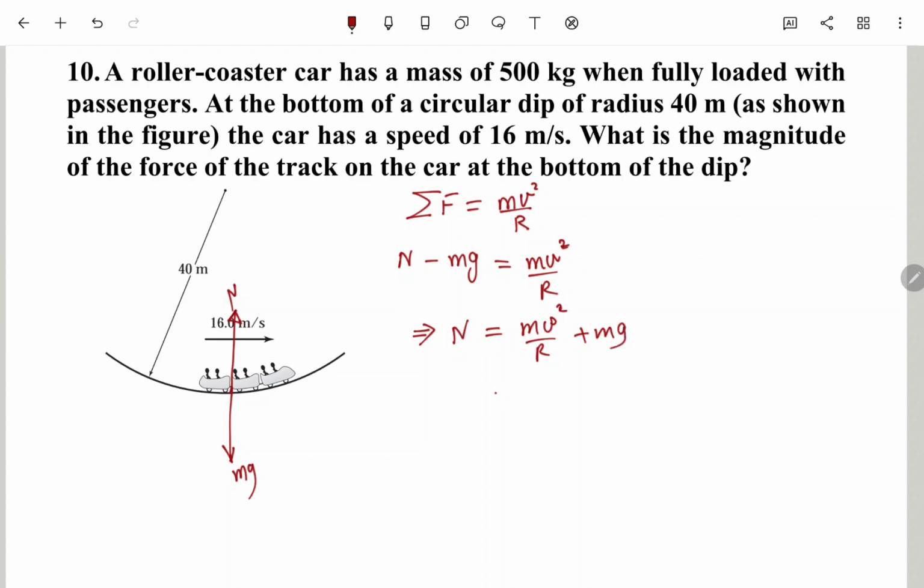You substitute numbers, you will find it's 500 times 16 square divided by 40 plus 5,000. In total, 8,200 newtons. This is the normal force, or the force exerted by the track on the passengers.